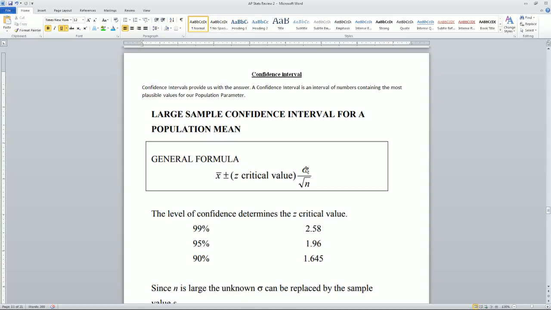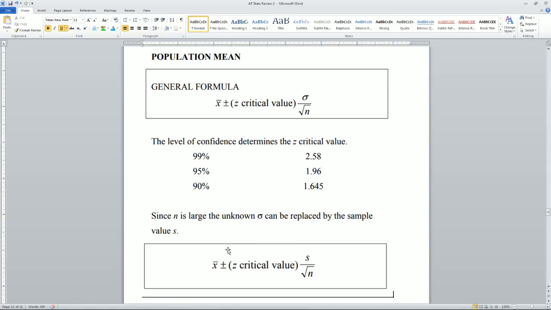But as soon as your sample gets large enough, when it almost becomes the population, the standard deviation of the sample is basically the standard deviation of the population. That's why it's replaced.